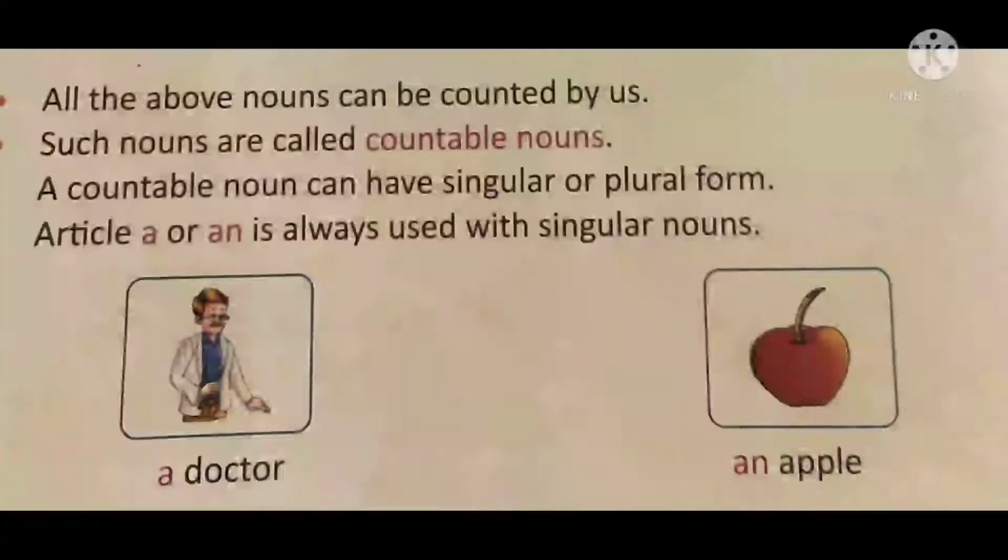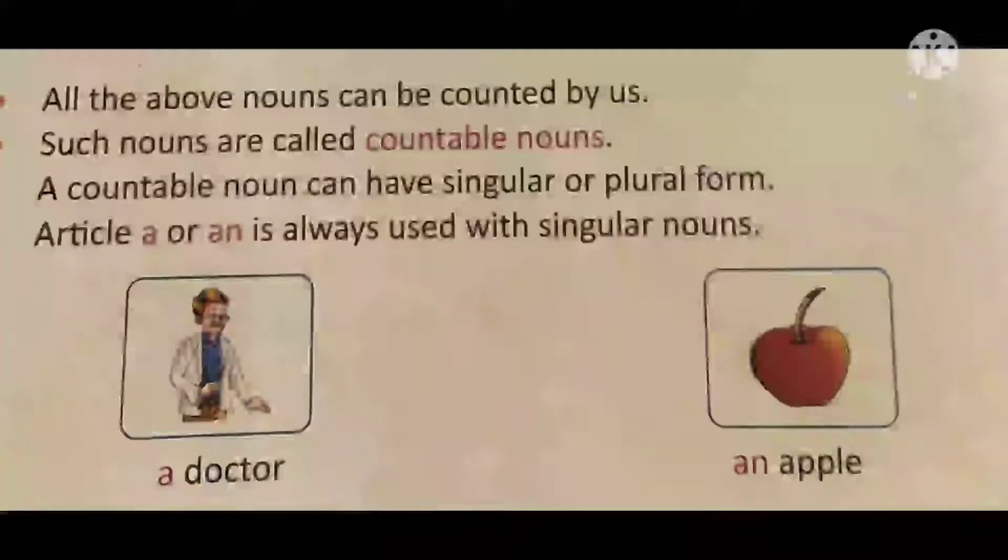Such nouns are called countable nouns. So, children, where we can count the number of nouns, that is called countable nouns. A countable noun can have singular or plural form. As you have seen in these examples, children, a book is there, and 2 books and 5 books are there as plural.